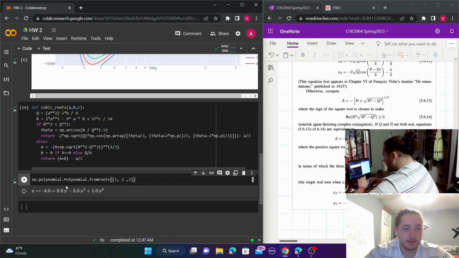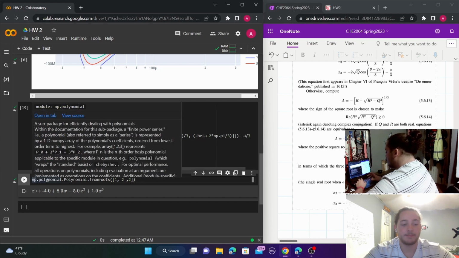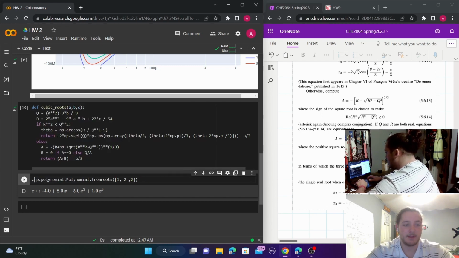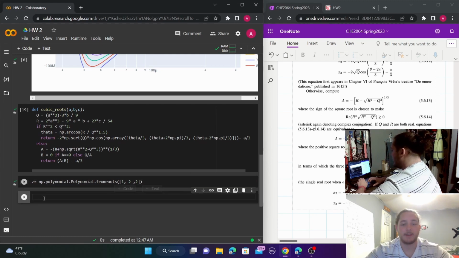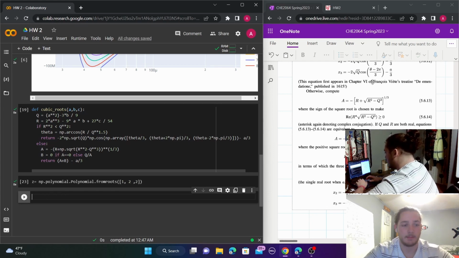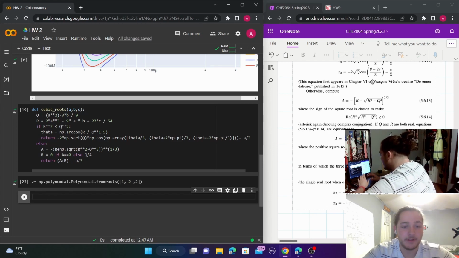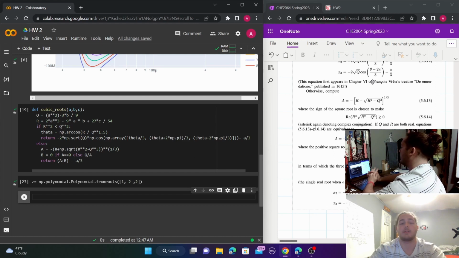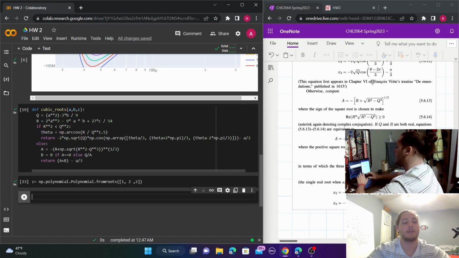But for this, we're going to just set this equal to z. So now we can use the coefficients function in Python to give us our coefficients of our cubic polynomial.